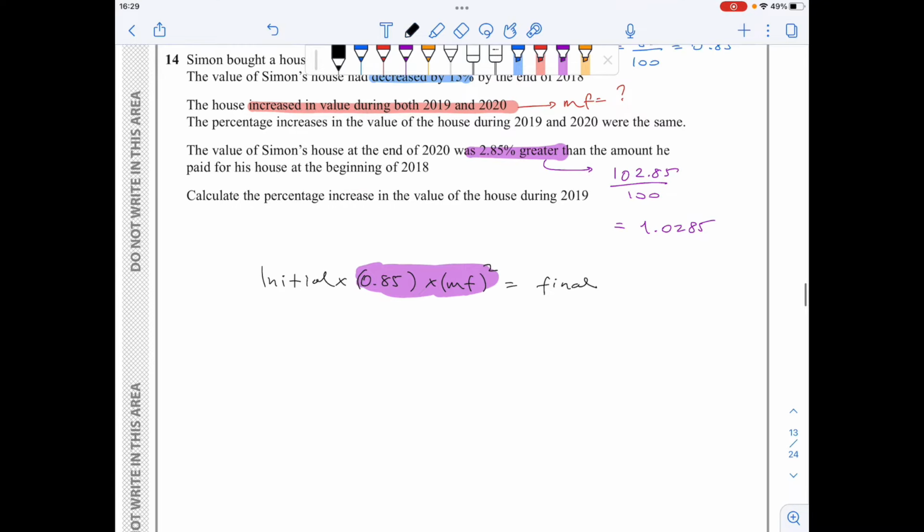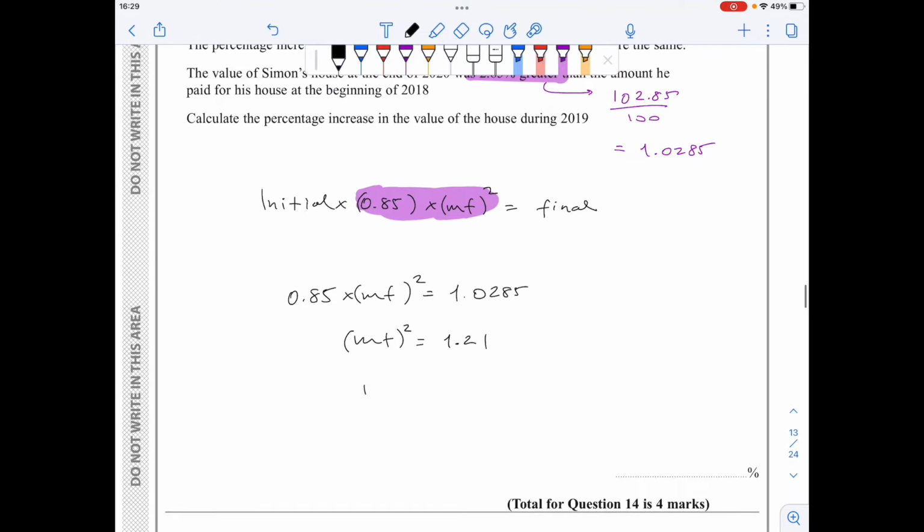So let's write this down. 0.85 times the unknown multiplying factor squared will give me the 1.0285. So the multiplying factor squared is equal to 1.21. Hence, the multiplying factor is the square root of this number, which comes out to be 1.1. Now this, as a fraction, is 110 over 100. So we're talking about an increase of 10%.